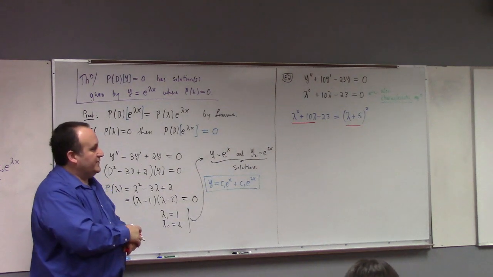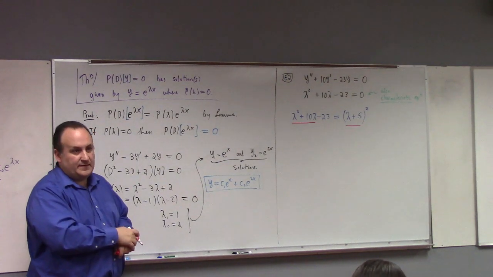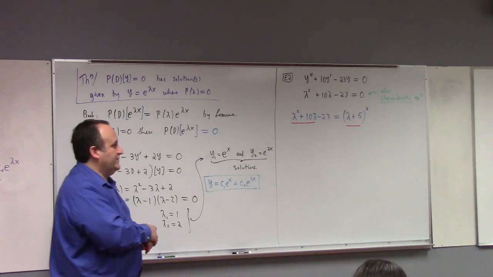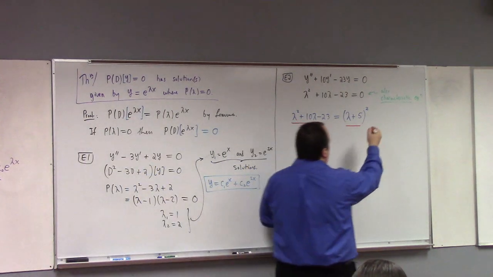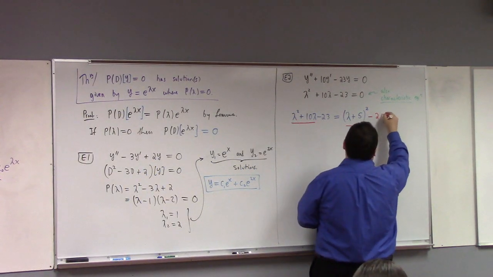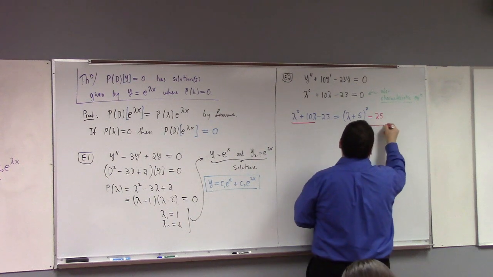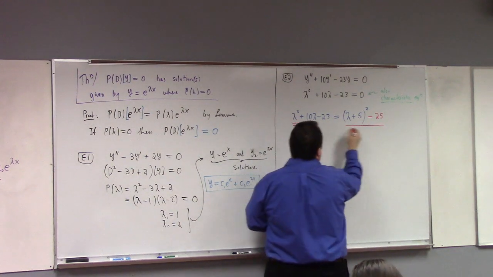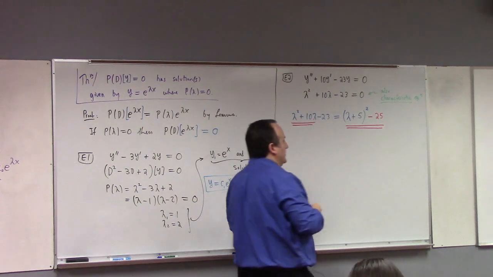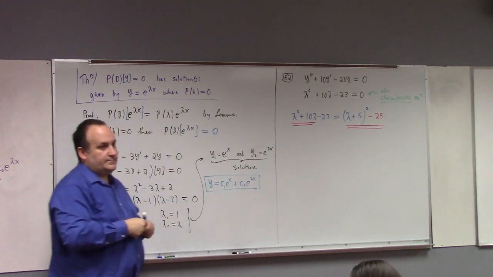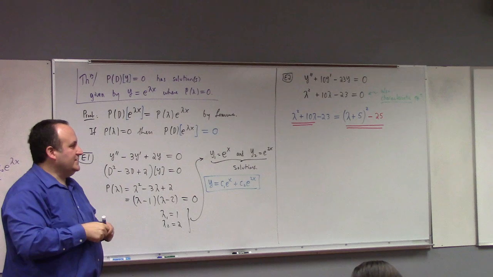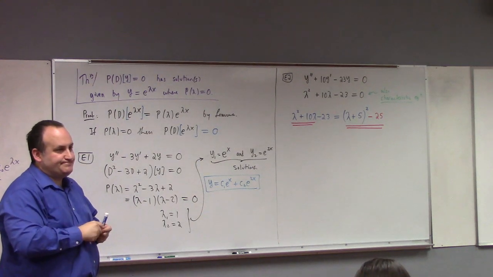But what else do you get? When you FOIL that out, you get a 25, right? Is there a 25 to start with? Well, there's not. So to be fair, I subtract 25. So with that adjustment, this and that are identically equal. Right? That is it. That is completing the square. That's all there is to it.